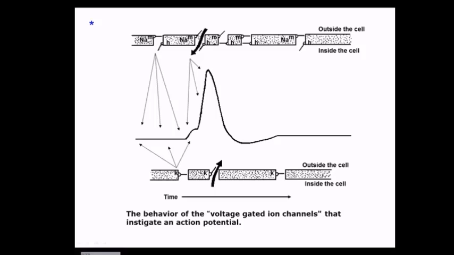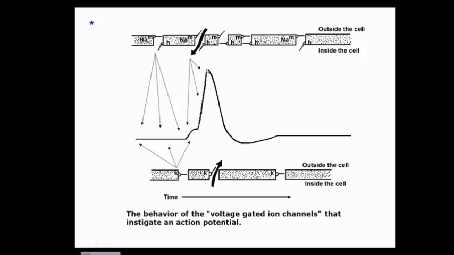So the M gate opens. Now notice that the H gate was open already at rest. Doesn't really matter. With the M gate closed, no ions are going to go through. You get to threshold, and the H gate and the M gate are open, and that allows sodium to rush down its concentration gradient into the cell. And that causes the depolarization of the cell membrane.